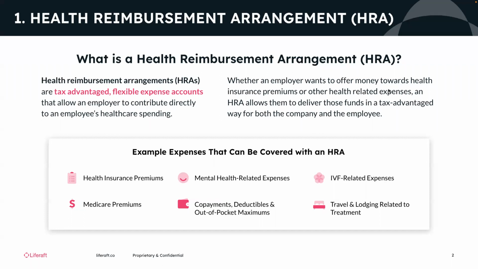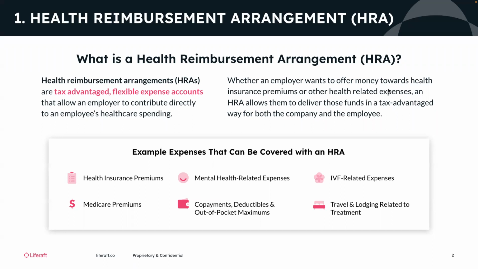Additionally, for those employers that have employees that are either transitioning into Medicare or maybe are already on Medicare, offering them benefits, especially from a major medical perspective, is not something that most groups do today. With an HRA model, you can actually offer those employees some level of benefits that can be used towards a Medicare supplement or a Medicare Advantage plan.